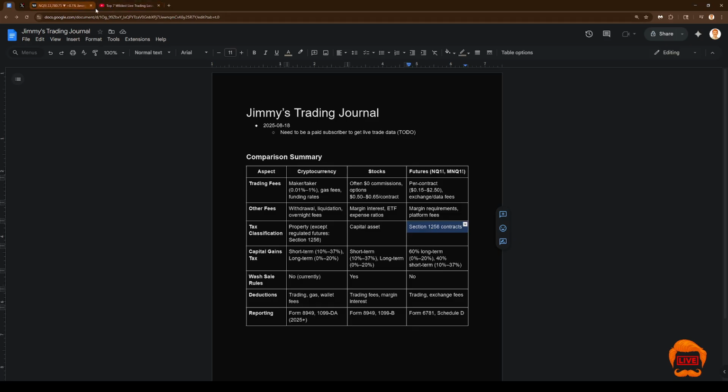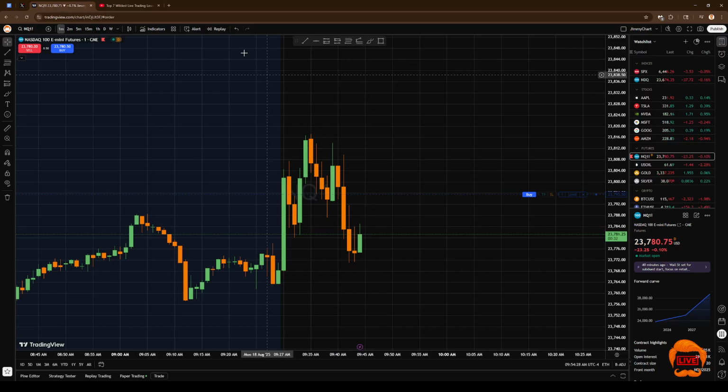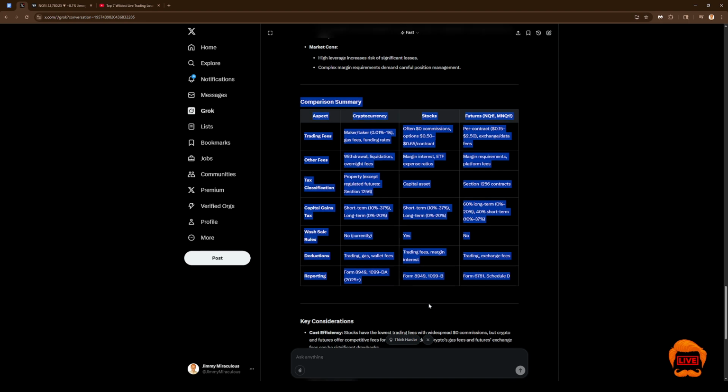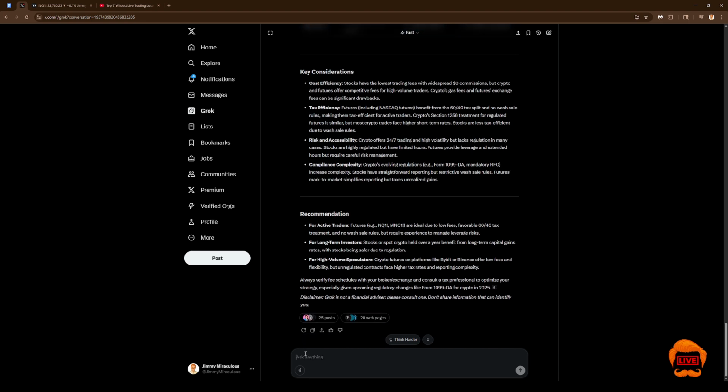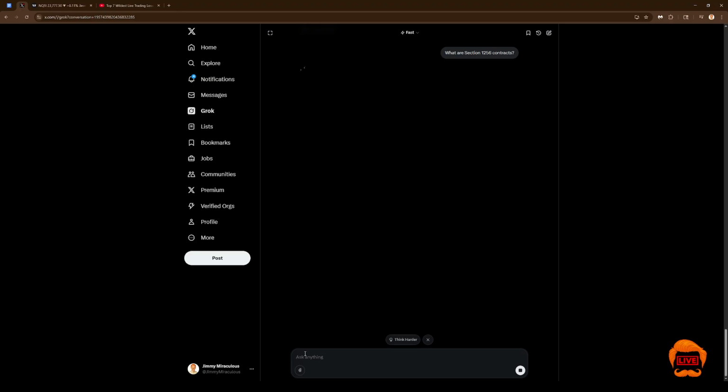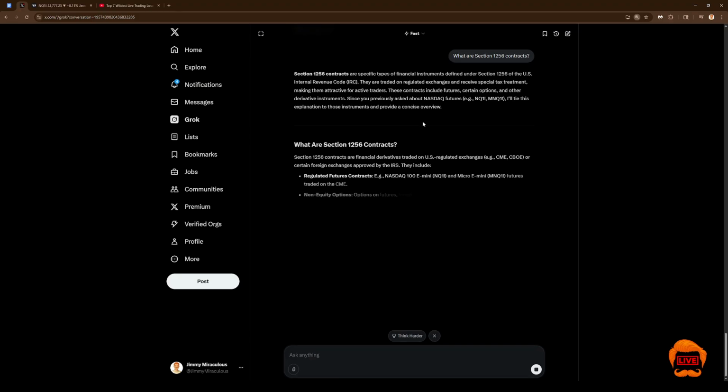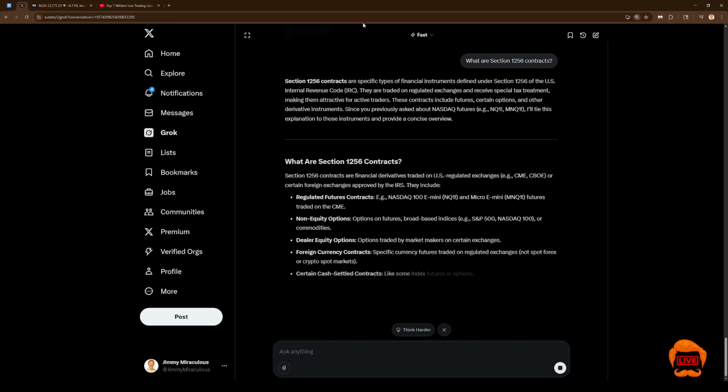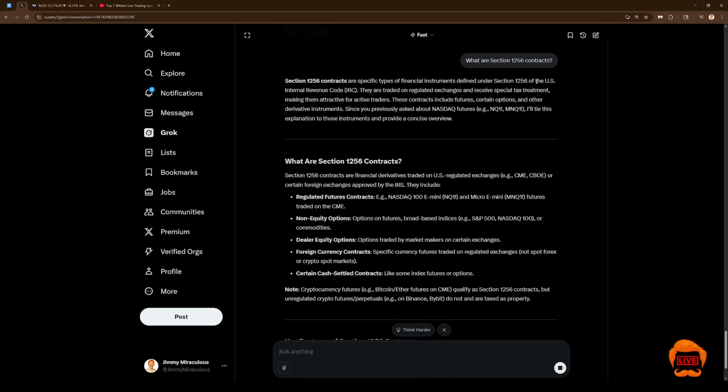What is this section 1256 contracts? Where'd you go, Grok? Right here. What are section 1256 contracts? Traded on regulated exchanges and receive special tax treatment.